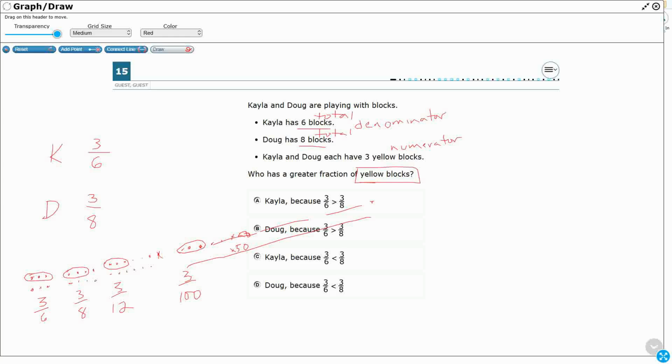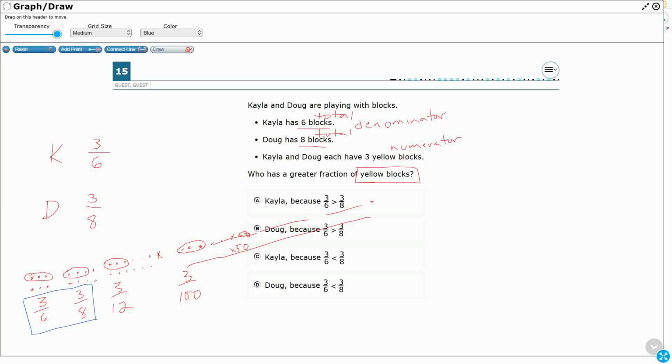So we can take that and go back to what we've done over here. We're looking at our 3/6 and our 3/8. Well, you notice that my 3/6, there's only 6 pieces, so my 3 pieces are half of them. But as I get to 8 pieces, I don't have quite half. And as I got to the 12ths and the hundredths, it becomes much, much less than half.